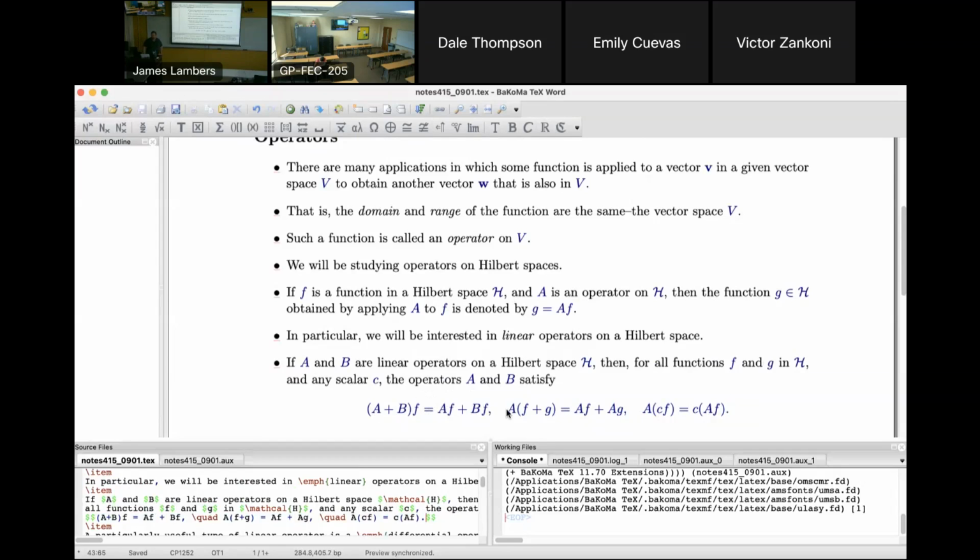So we have a distributive property there. We also have a distributive property for functions. A applied to a sum of functions is the same as applying A to each function individually and adding the results. And finally, for an operator A applied to a constant times a function, you can pull the constant out. You can apply the operator to the function first, and then multiply by the scalar.